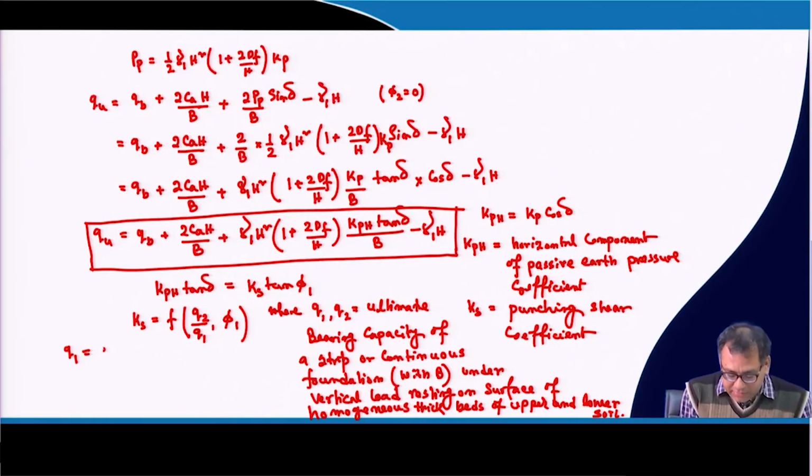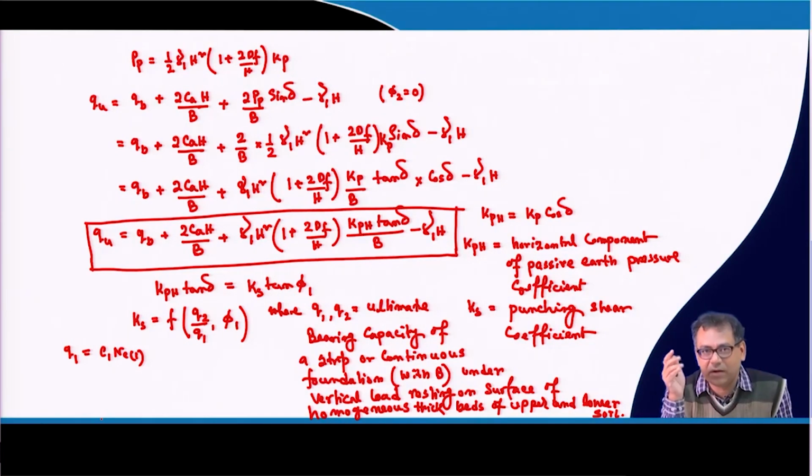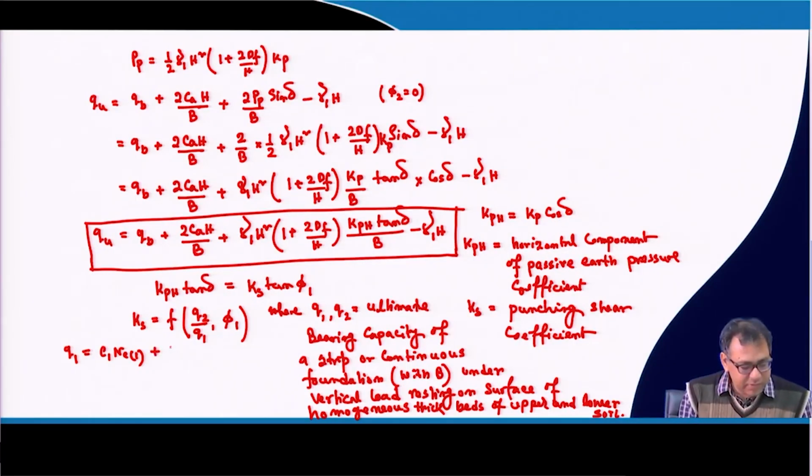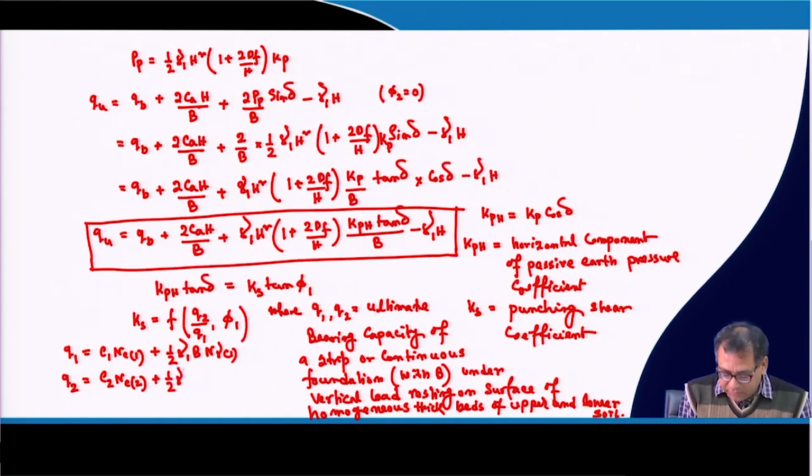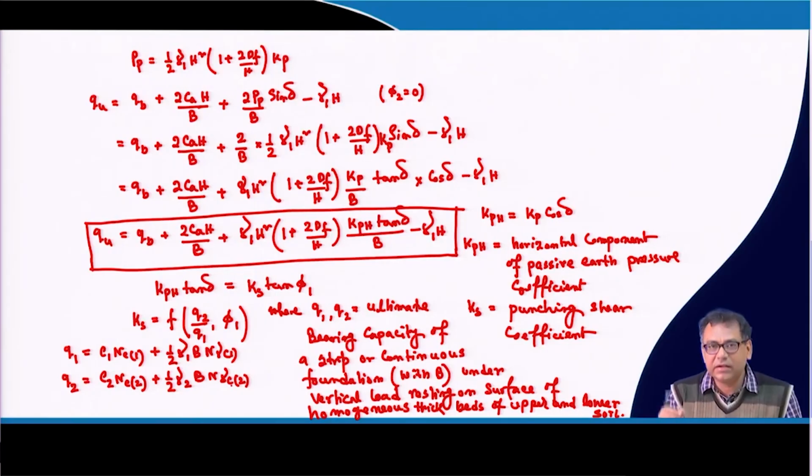So, that Q1 I can write, this will be C1 Nc1, because it is a strip footing, so the shape factor will be 1, and it is on the surface, so the second term will be 0, and there will be a third term also, and that is half gamma 1 B N gamma 1, and in the Q2 it is C2 Nc2, again half gamma 2 B N gamma 2.